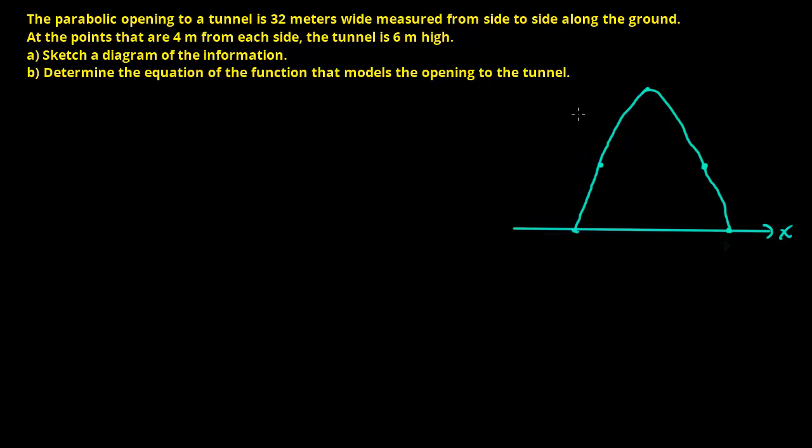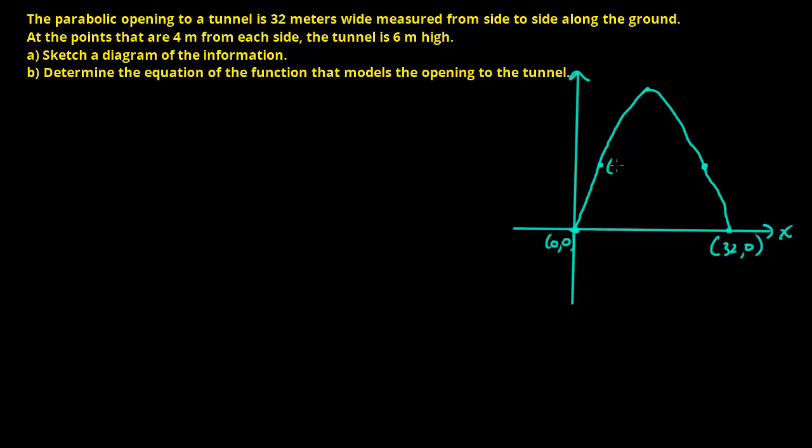That's a little bit skewed. Let me redraw that. So this is the origin. This point right here will be 0, 0. Since the tunnel is 32 meters wide, this point here is 32, 0. We've got another point that's 4 meters in from the side and 6 meters high.